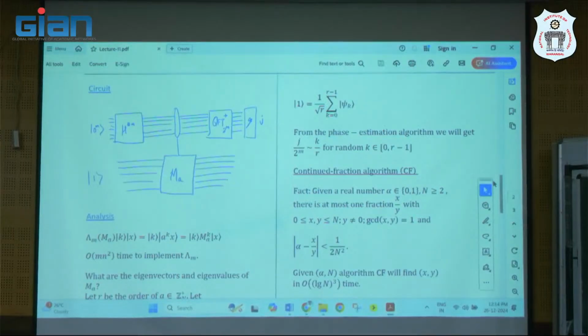Yes? Unique. Therefore, think of this as alpha now. Given alpha and n, this continued fraction algorithm will find this unique rational approximation in the simplest form in log cubed time, polynomial in small n cubed. Thankfully this is also n cubed.